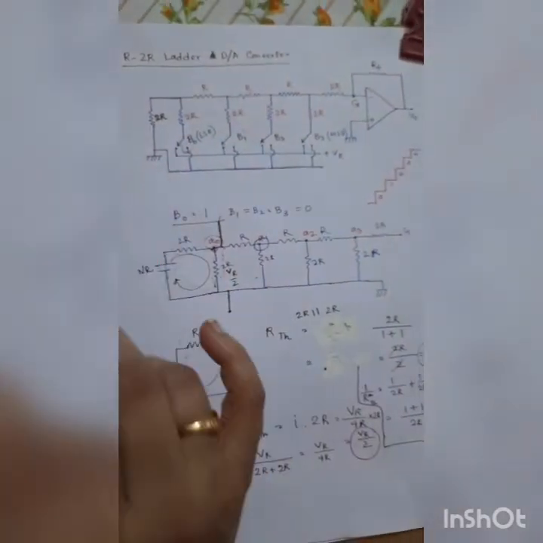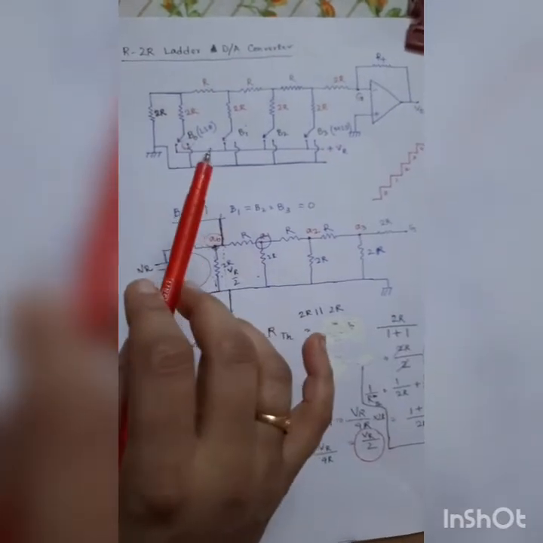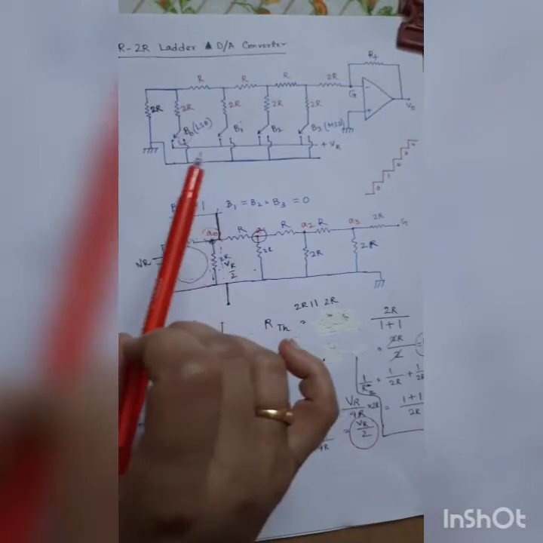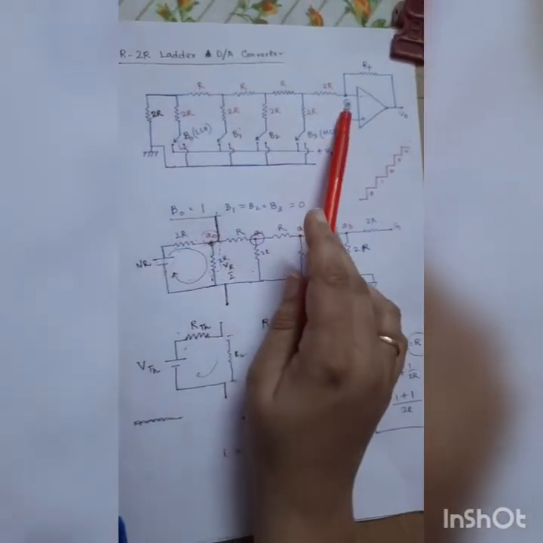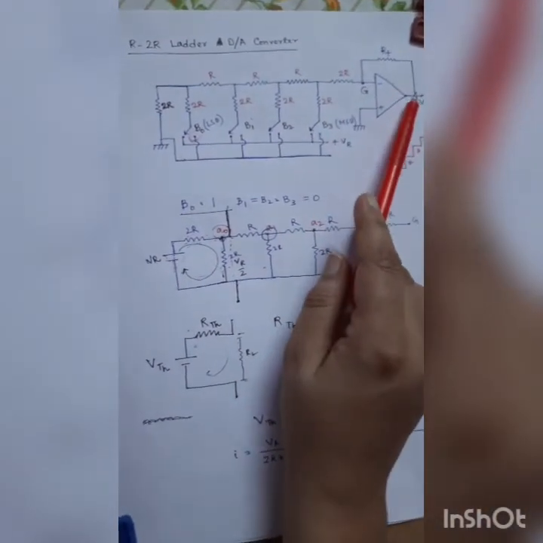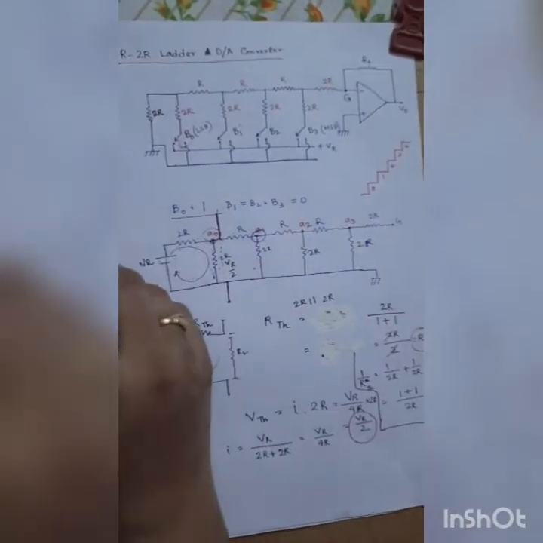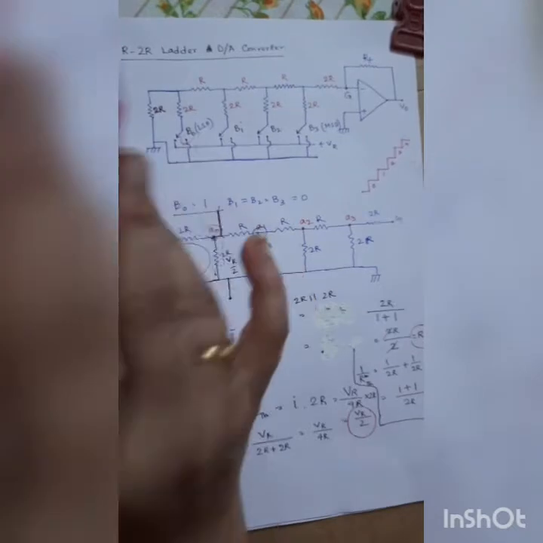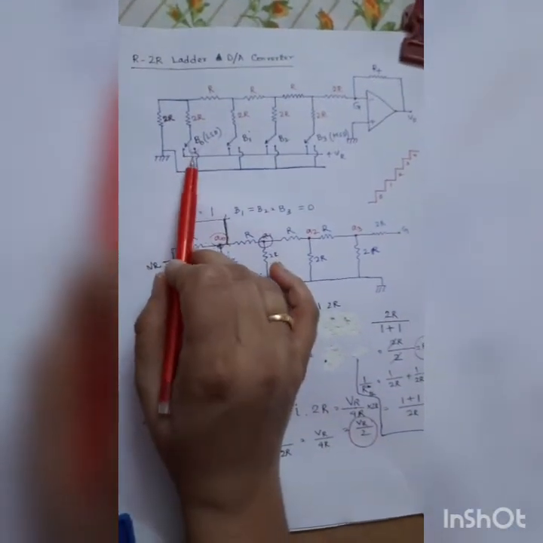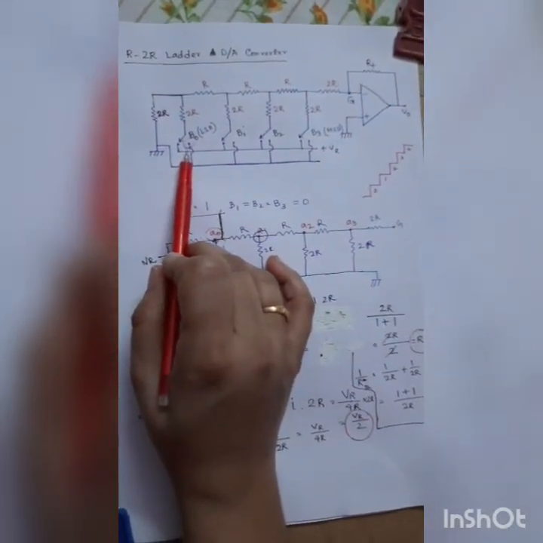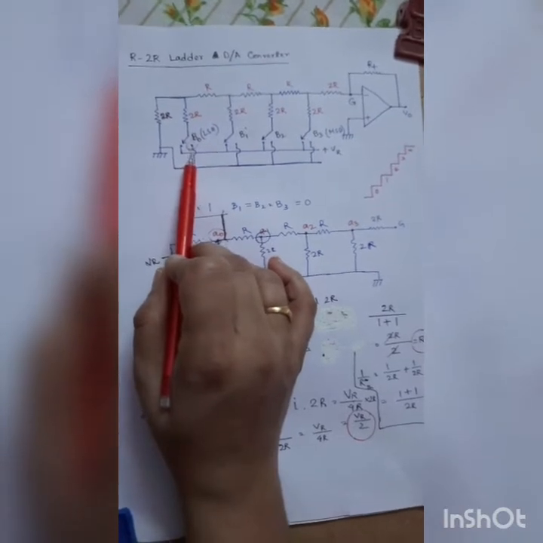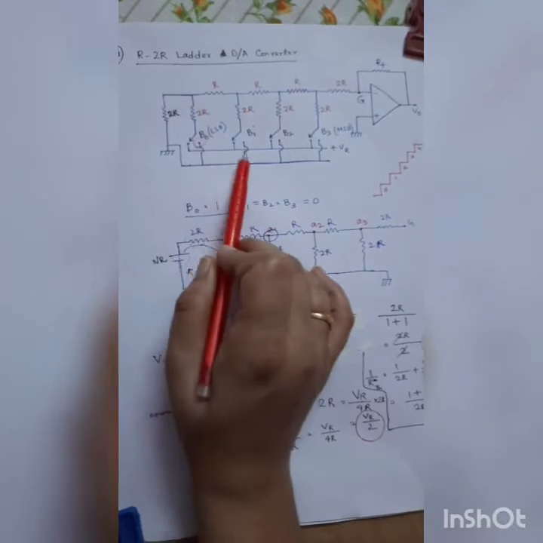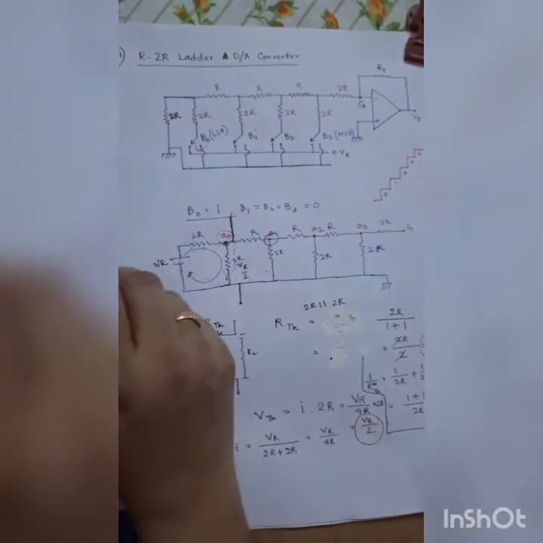Now we have to calculate how much resistance this current needs to face before going through G and to the output, and that must depend on which switches are closed and which are open, like on and off state.